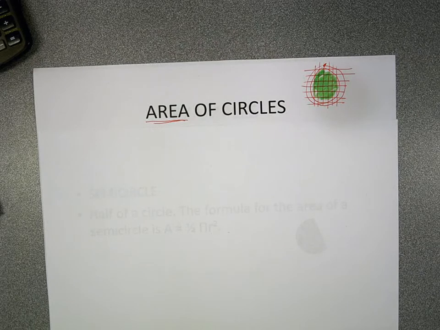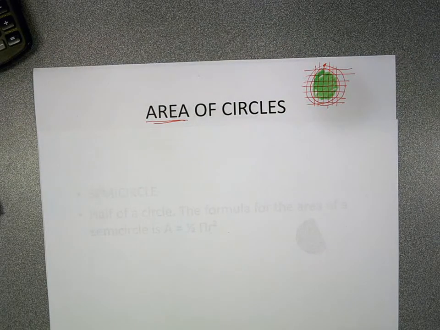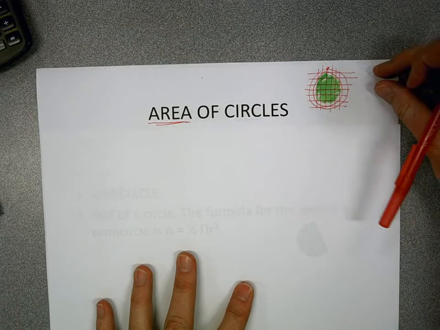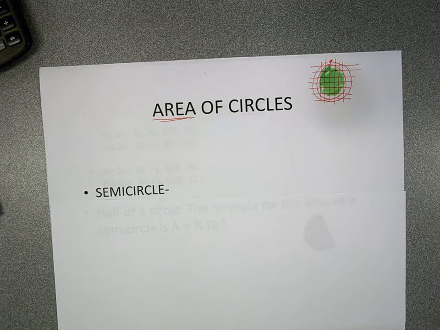Now, it is a little different than yesterday. You're going to find that the routine, the steps, are the same as for circumference, but there are a couple of little changes between yesterday and today. There's one vocab word you'll need to know, and that word is semicircle. Everyone?